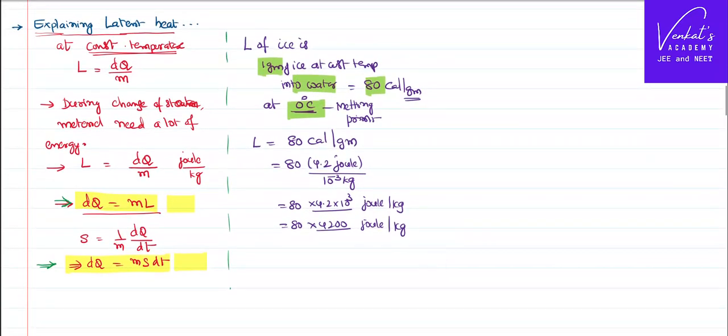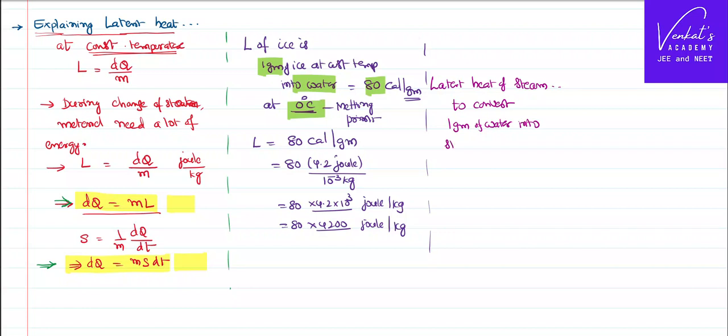Let's continue this discussion further. Suppose we want to talk about the latent heat of steam. The meaning of this is the amount of heat required to convert 1 gram of water into steam at constant temperature.